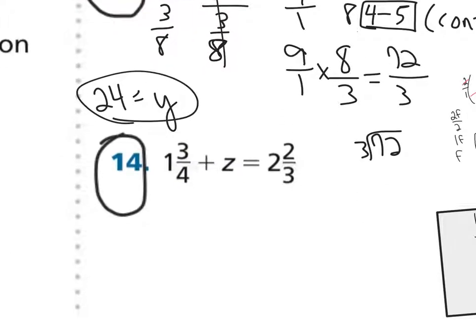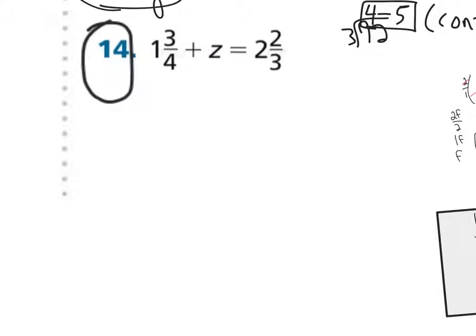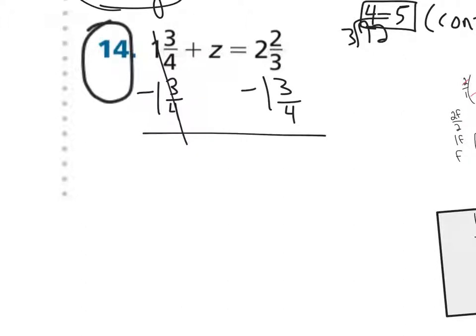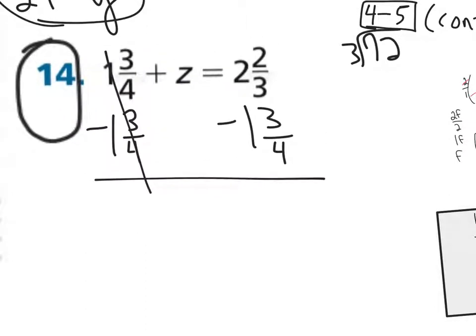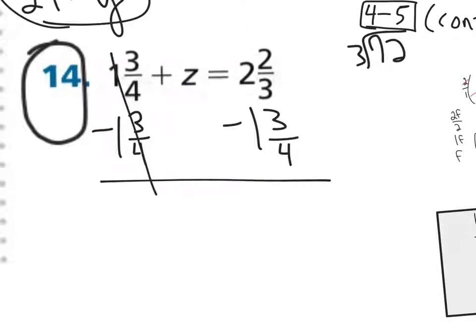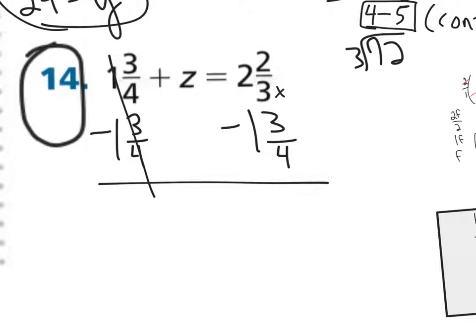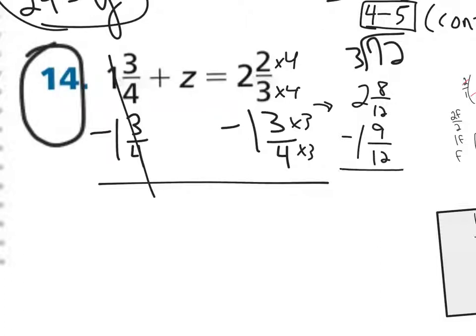And then finally, number 14, trying to solve for z. So they're adding, so we're going to subtract 1 3/4. Again, adding and subtracting, we have to have a common denominator. So again, our common denominator happens to be 12. So that would get us to 2 and 8/12 minus 1 and 9/12.